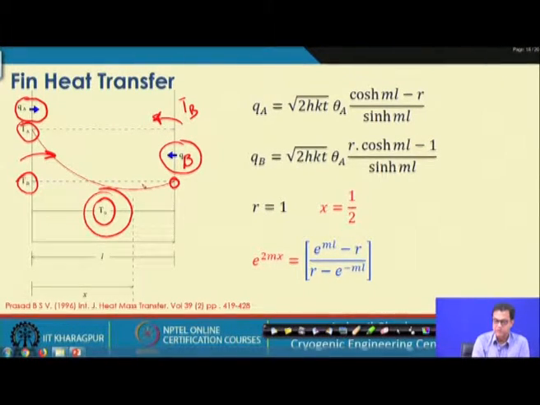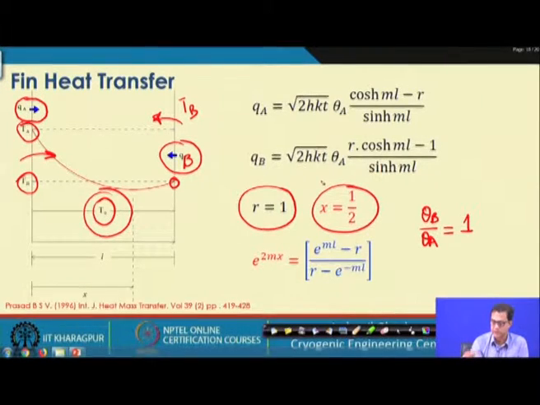Now, in this context, we have seen that if r, which is theta b by theta a, equals 1, this x becomes half. Where do we get this? We get this from the relation that if there has to be a minima, then the minima gives a criterion like e to the power 2 m x equals this correlation.